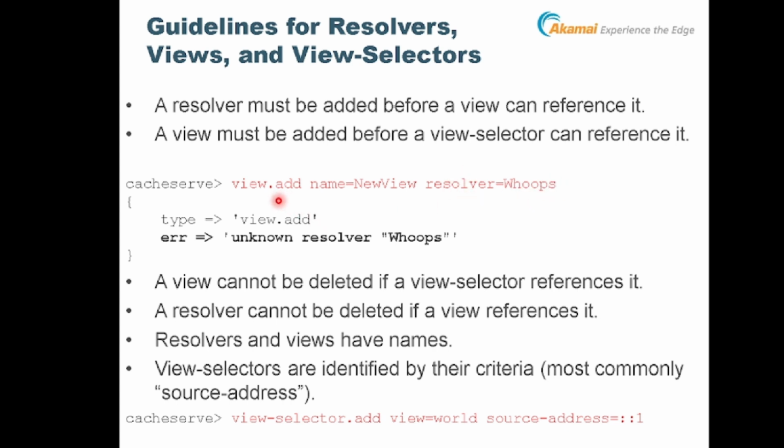Otherwise, the view creation will not succeed. So this is just the reverse problem to what I was showing you with deleting the resolver. I couldn't delete the resolver while there was still a view referring to it.